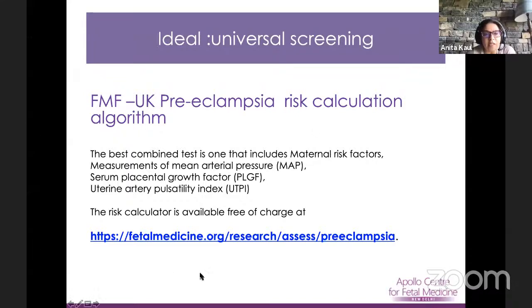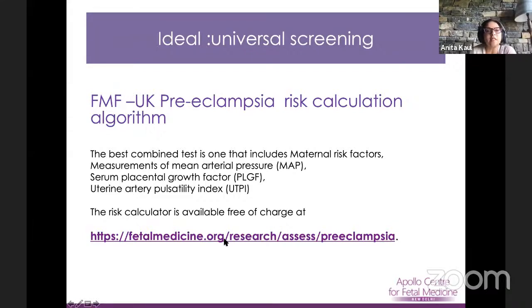And because this is so important, this algorithm on which you can calculate all these risks is absolutely free on the Fetal Medicine website. So let me show you how it works.